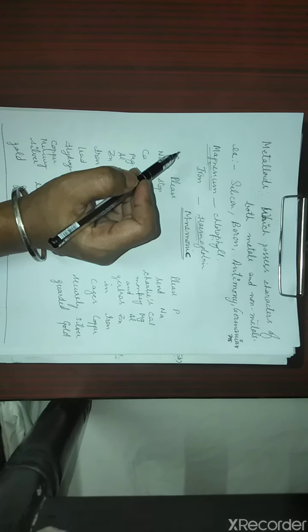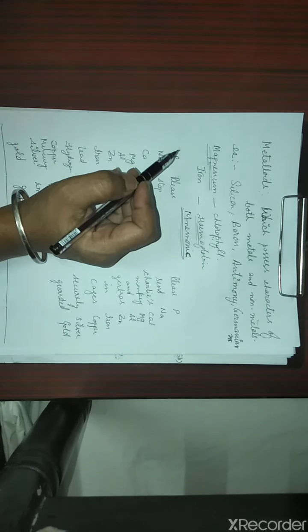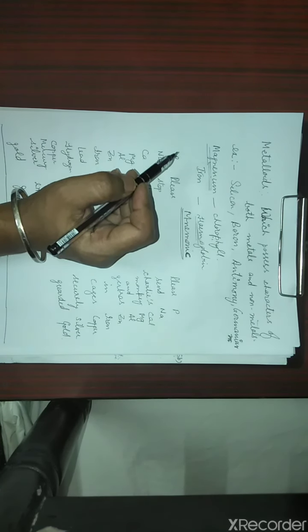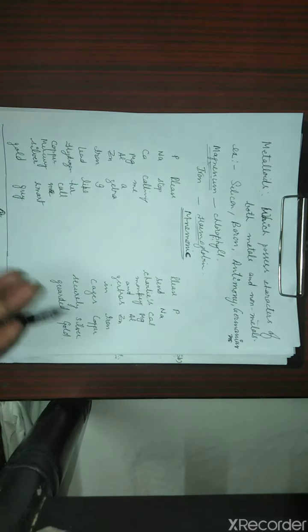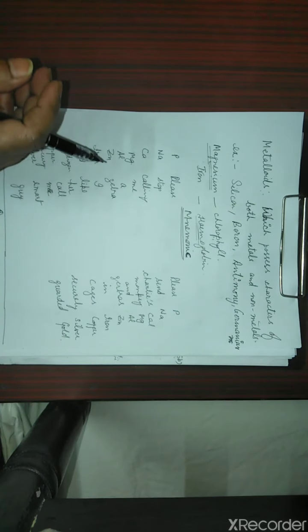Then you must be knowing about the fact that we take so many multivitamins, and these vitamins contain iron, zinc, magnesium, potassium, and many other things, phosphorus, calcium. We take calcium for bones. These are part of our body also.